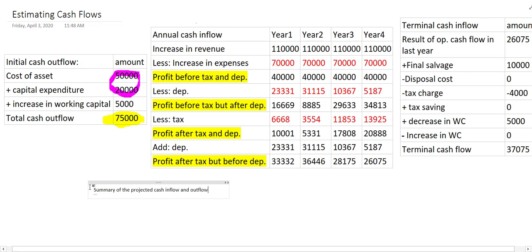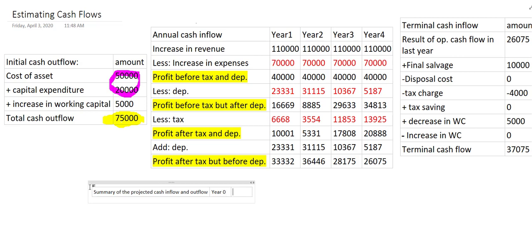And then mention how many columns are needed, depends on the number of years. Basically start with year zero. Why? Because year zero we have, then year one, I will explain what year zero is.